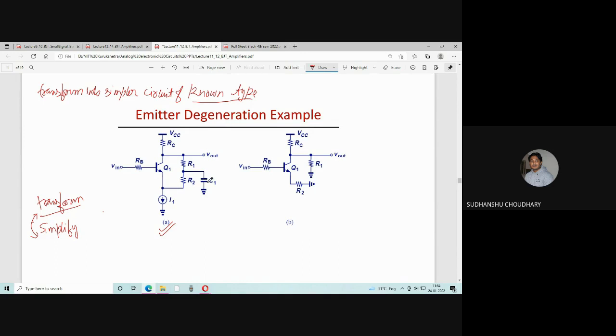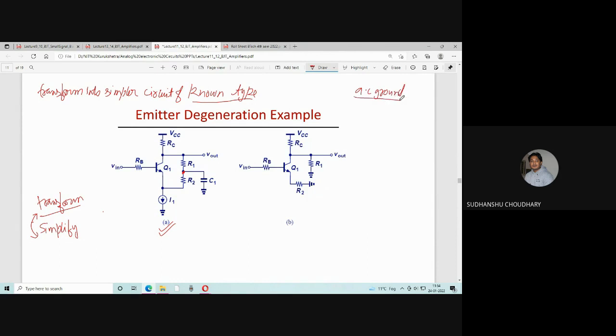Now here we see a capacitor. So this capacitor over here, we need to remember that this is actually used for the AC ground purpose, right?